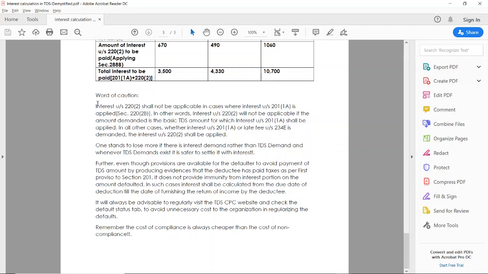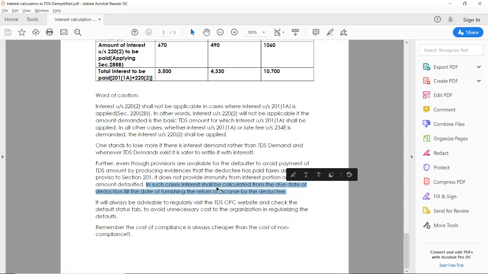However, he will not be excused from the payment of interest, for interest shall always be compulsory. In such cases, interest shall be calculated from the due date of deduction till the date of furnishing of the return of income by the deductee. Therefore, there is no escape in payment of TDS because the default still lies with the deductor.